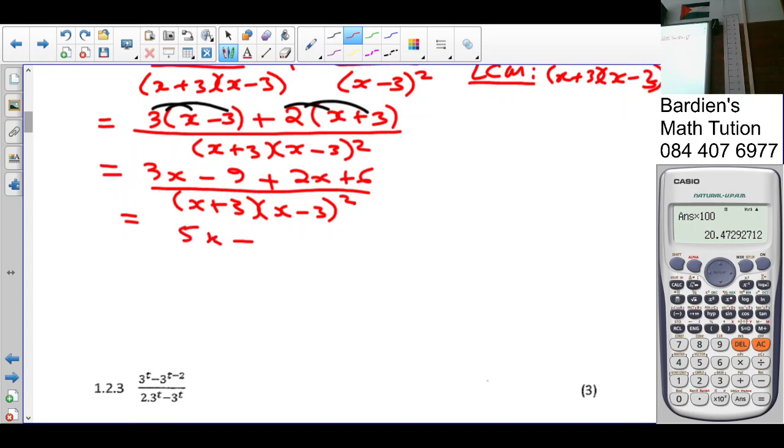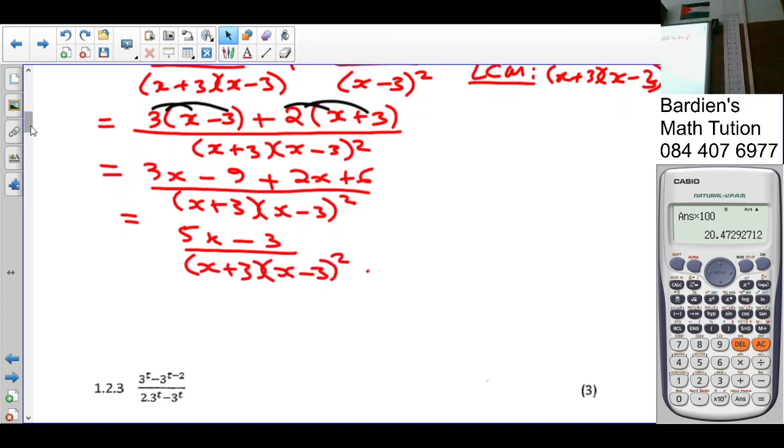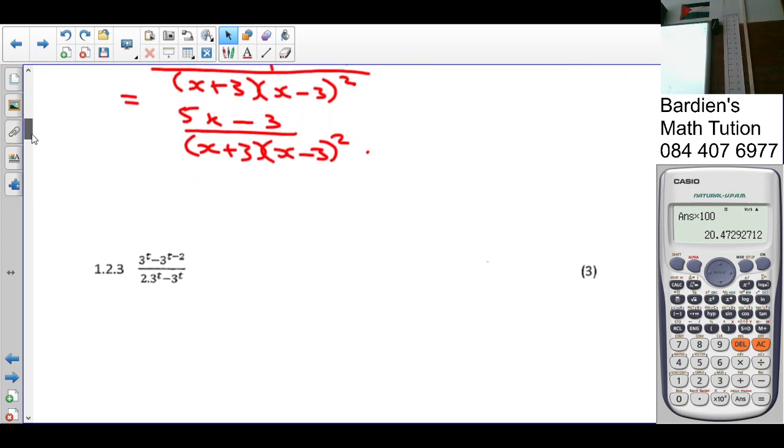Minus 9 plus 6, minus 3, over x plus 3, x minus 3. Alright, you all agree with that? Any confusion? You all get this, no? You guys did the homework? So hope so.